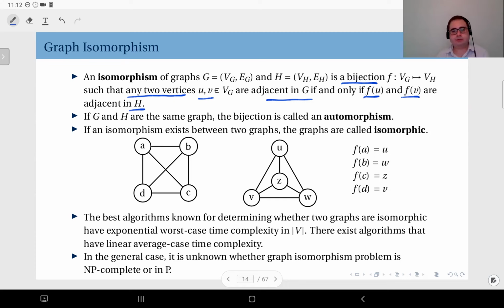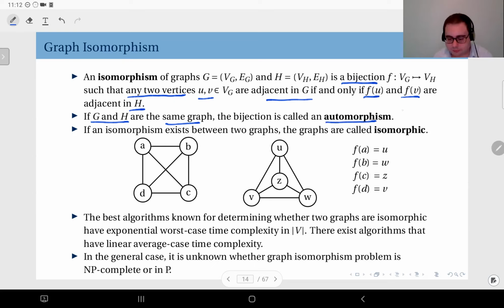The structure is preserved. And a special case, if the two graphs G and H are the same graph, that means you have a permutation of the vertices, and that preserves the structure. In this case, we call this isomorphism an automorphism.